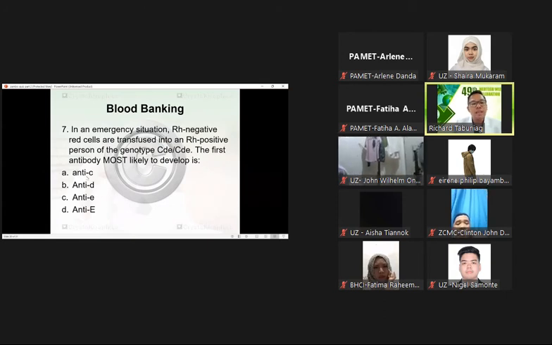The first antibody most likely to develop is A, anti-small c, B, anti-small d, C, anti-small e, or D, anti-big E.